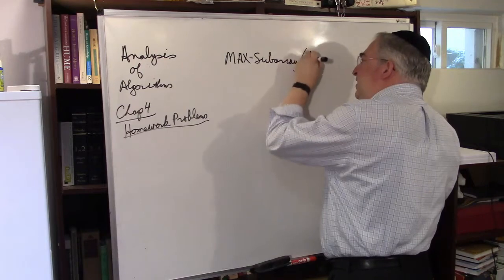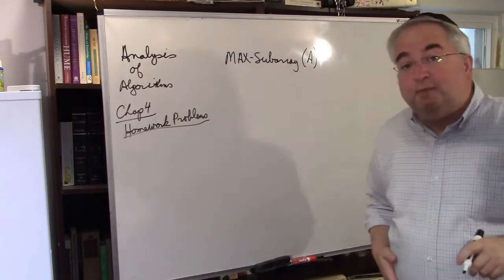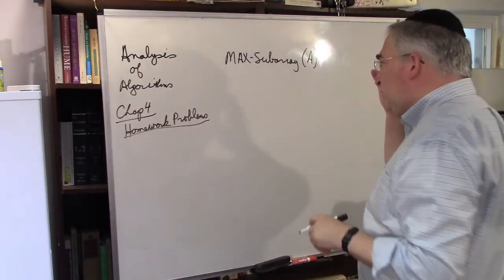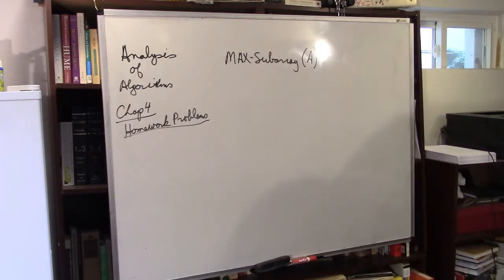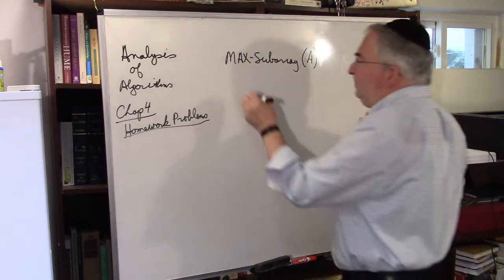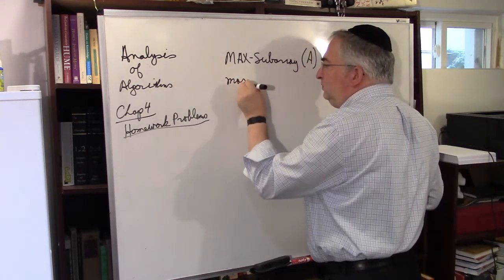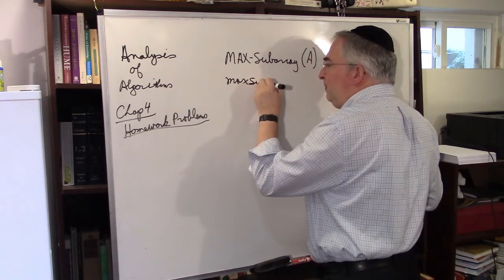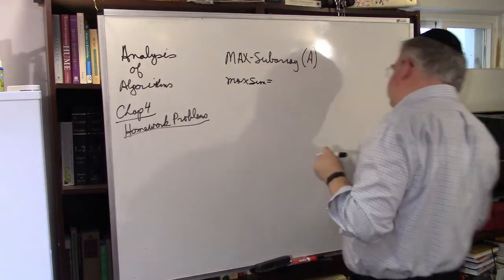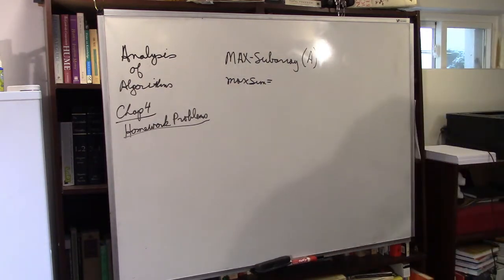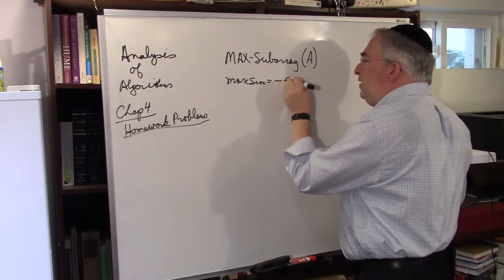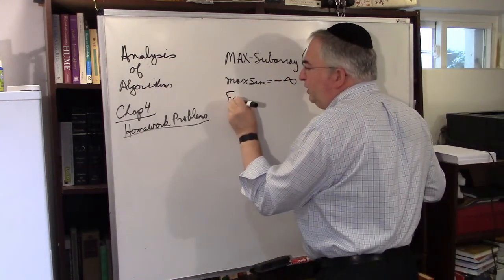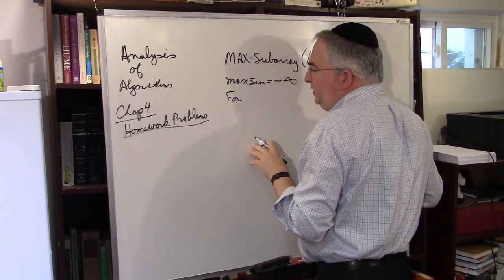An array of numbers is entered, and you want to have a variable called max sum, and it should start off as negative infinity.